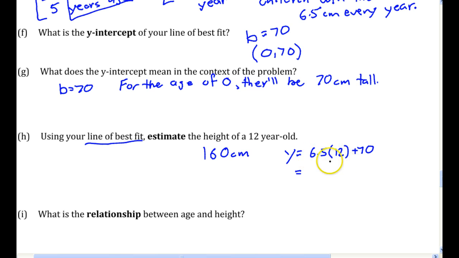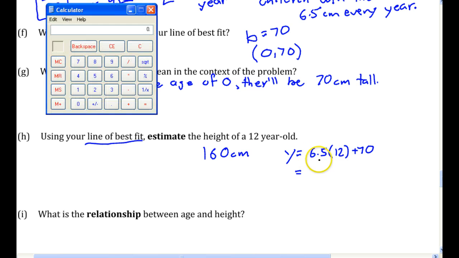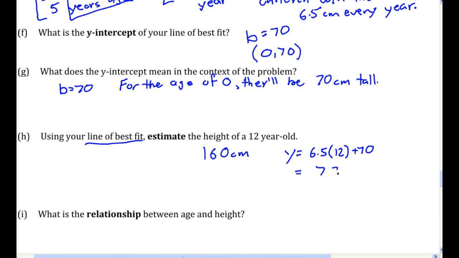So 6.5 times 12 gets 78. And 78 plus 70 is 148. So you can tell our equation and our graph are not quite on the same level, but statistically they are still pretty close. They're not perfect, but only 12 centimeters away. That's a pretty good estimation.